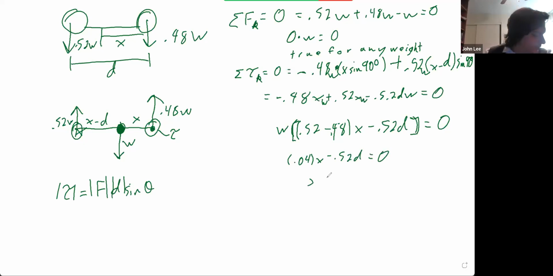So x is going to be equal to whatever gives you that value.